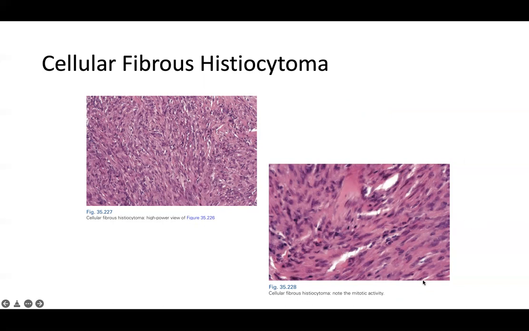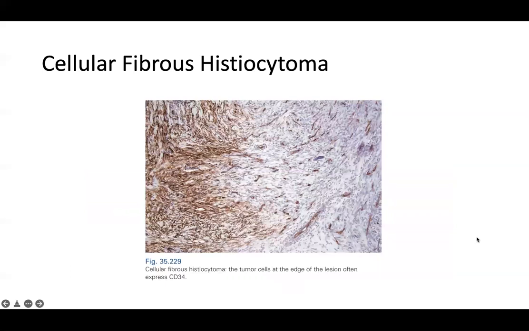So if you were on a microscope, it'd be easier to see that mitotic activity, but just know that these can be mitotically active at the time of initial biopsy, and on excision, you can find areas of mitoses throughout as well.